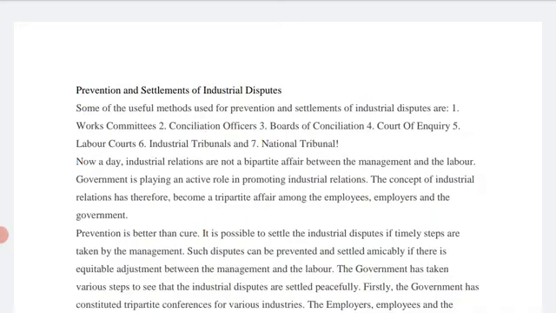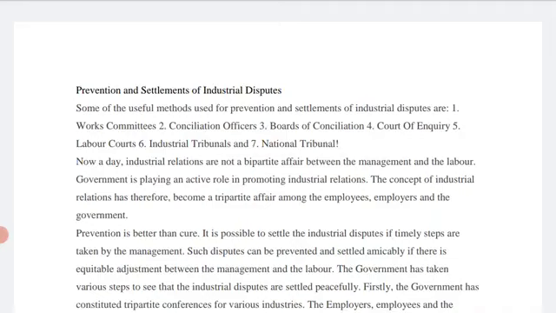It will survive for a long period of time. And if such industrial disputes are there, then how to settle them. How to bring the phase to normal, from the storming phase to the norming phase.